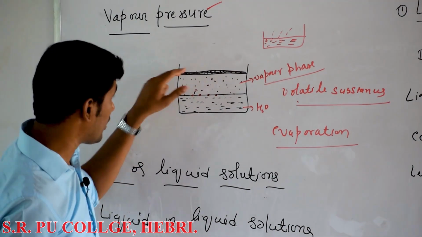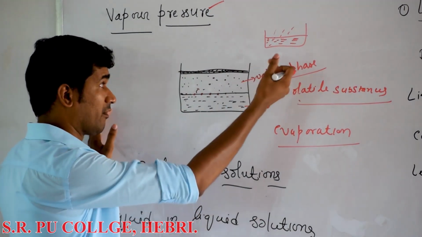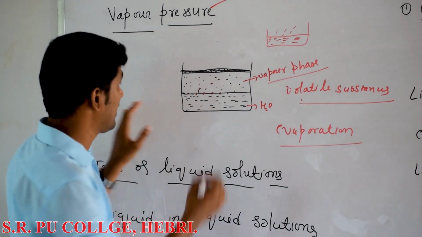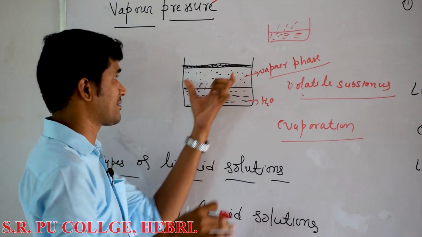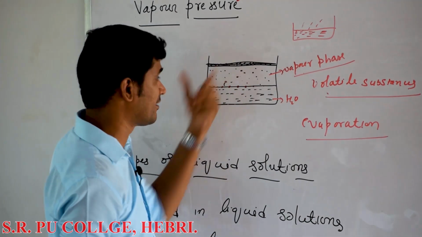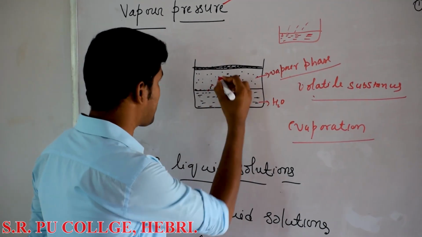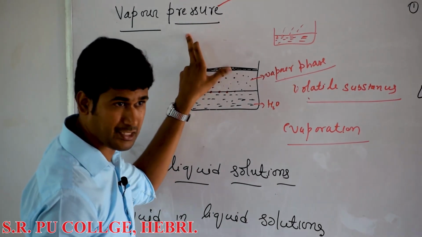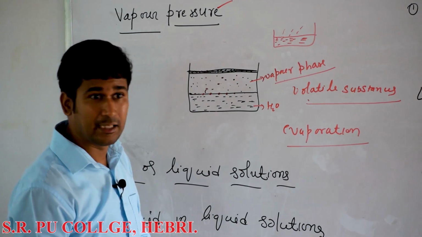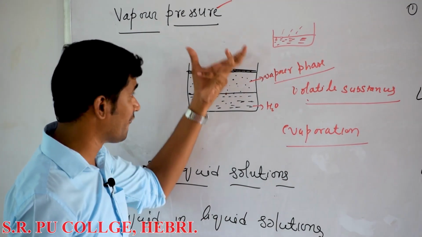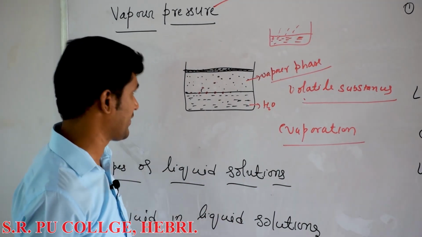Now these molecules, which are in vapor phase or gaseous phase, exert pressure on the liquid or on the surface of this container. They start exerting pressure, and this pressure is known as vapor pressure. So vapor pressure is nothing but the pressure exerted by the molecules of liquid in vapor phase or gaseous phase.